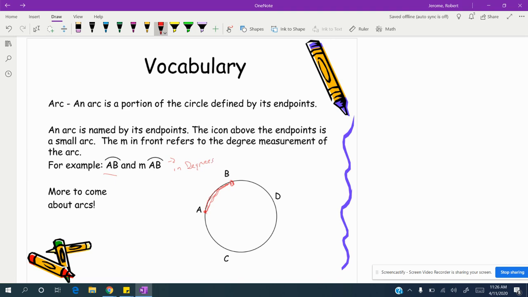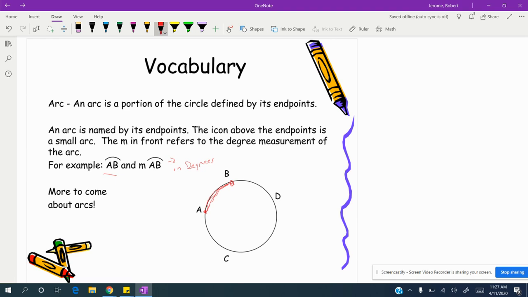Measurement is not the same as length. It can be a long arc, it can be a short arc. That depends on how big the circle is. But the number of degrees just tells us how far around the circle. So 360 is all the way around the circle. But if it's a tennis ball, it's going to be a short distance.